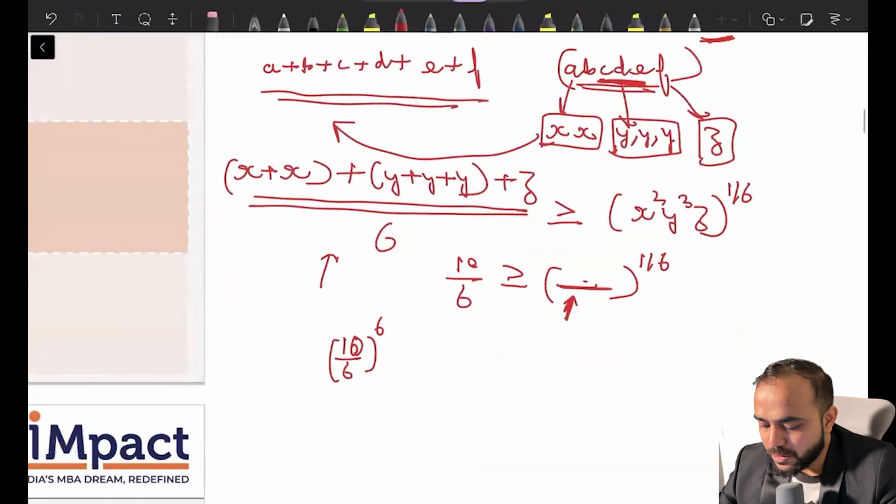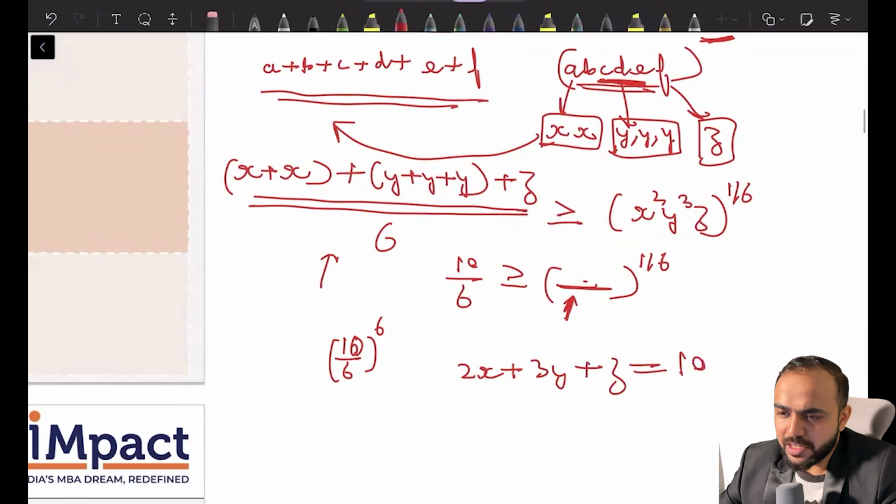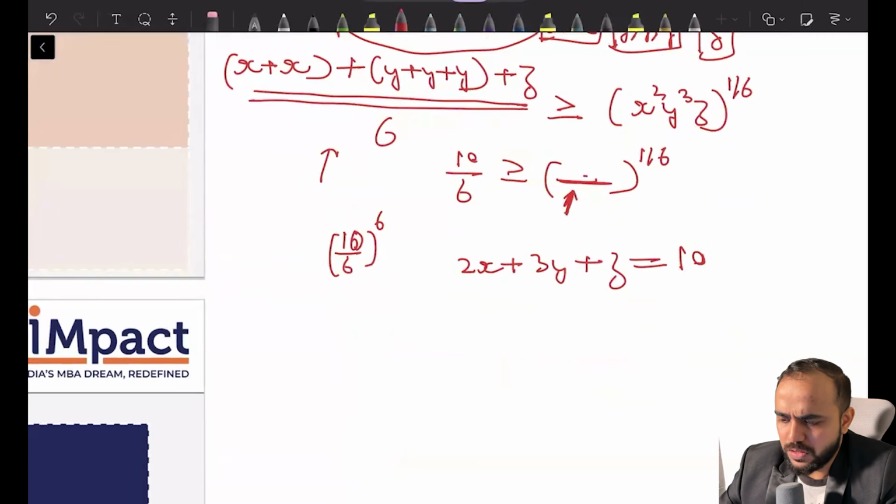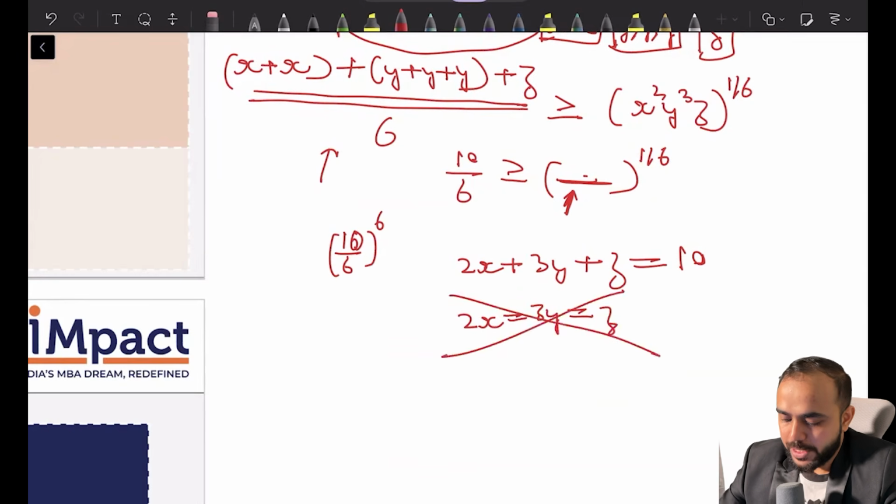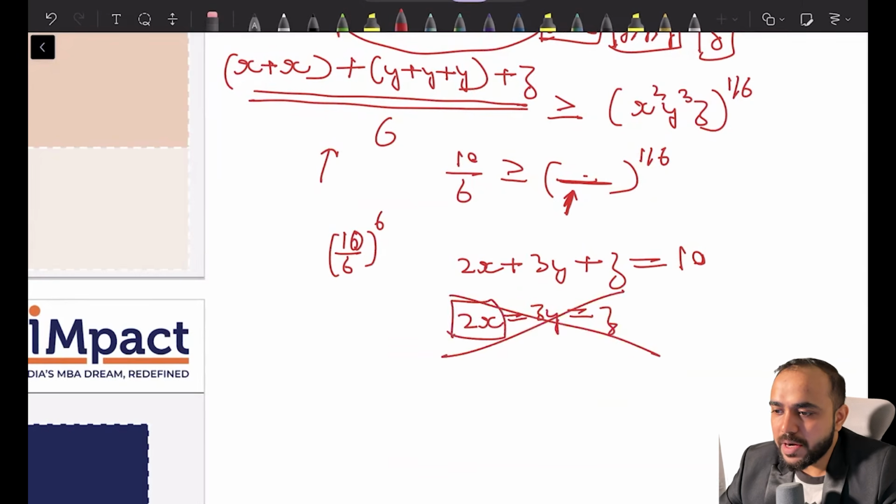Some people at this point make this mistake: they start with 2x plus 3y plus z is equal to 10. So the equality for my AMGM will occur at 2x is equal to 3y is equal to z. That is wrong. Did you use 2x to write your arithmetic mean, or did you use x? You used x, right? You wrote it as x plus x.